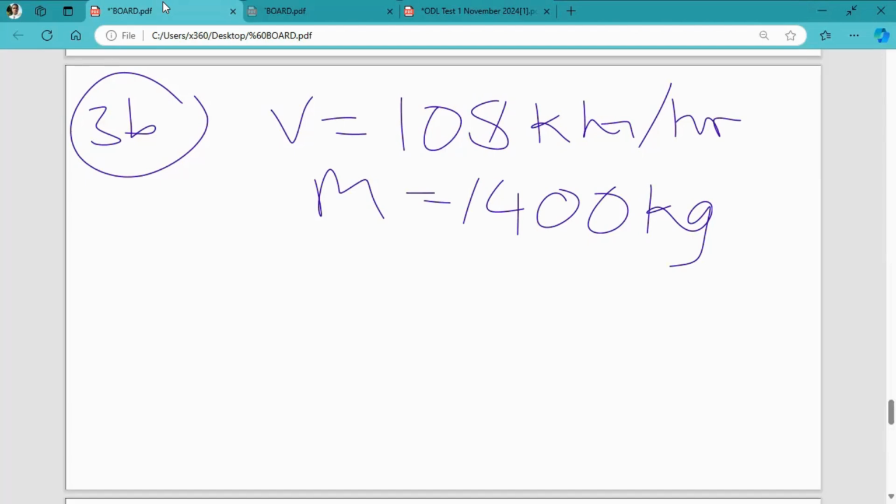So what are we supposed to do first in order to find the force? Let's find the acceleration of this vehicle. In order for it to move from 108 kilometers per hour to 0, what was its acceleration?